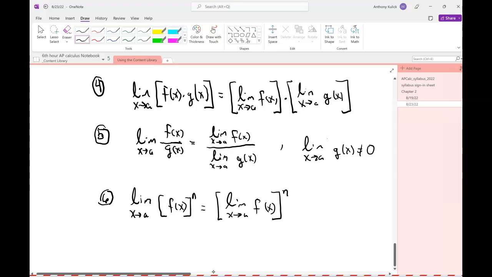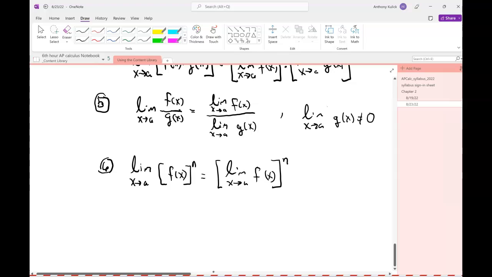So instead of the limit as x approaches 0 of sine squared, you can just worry about the limit as x approaches 0 of sine, take that answer and square it afterwards. So again, very helpful in making the function you're looking to take the limit of simpler, which is the point of all of these limit laws, it just helps you make that limit that you have to deal with simpler.